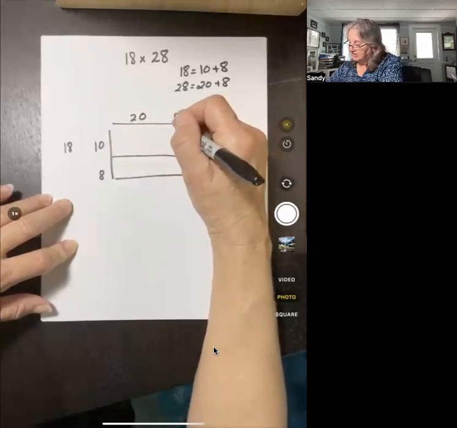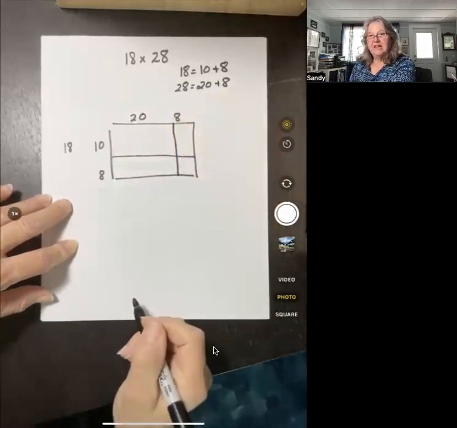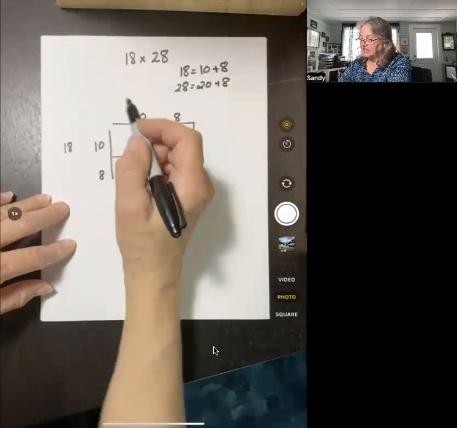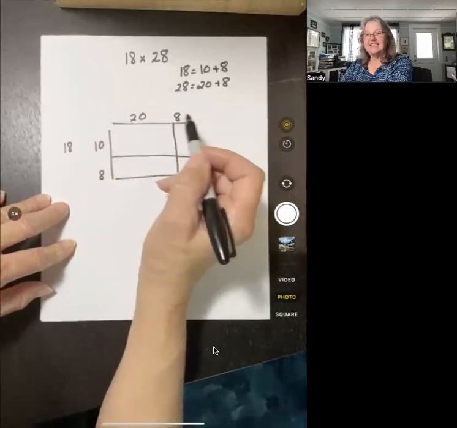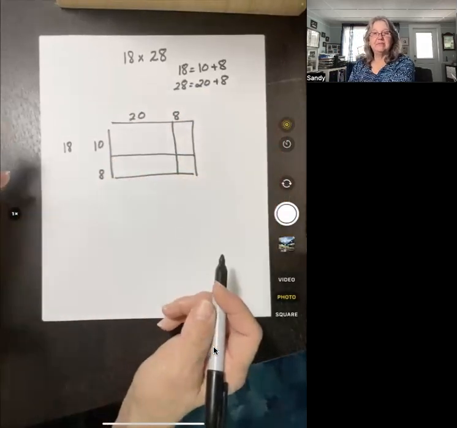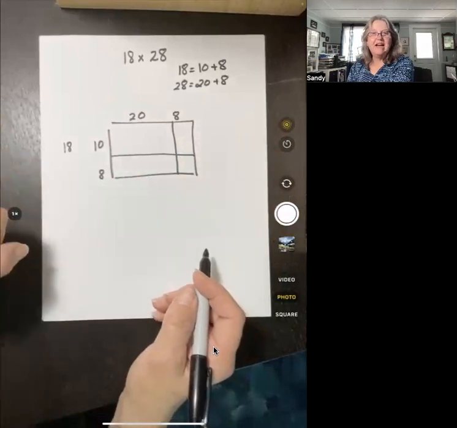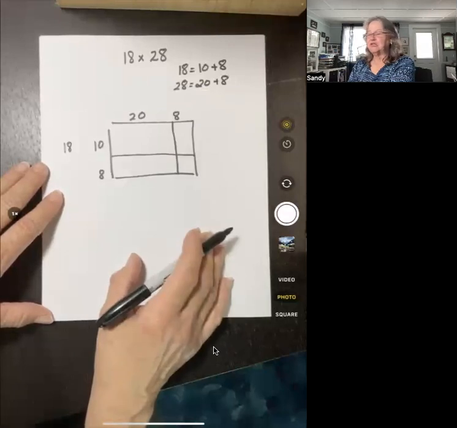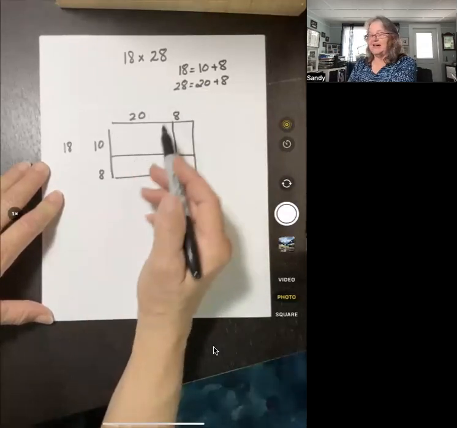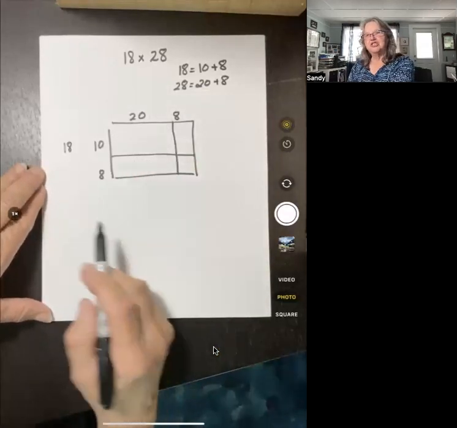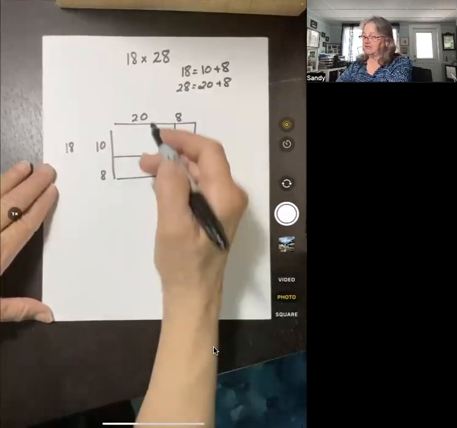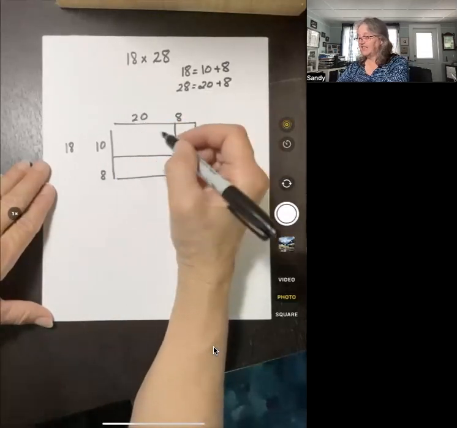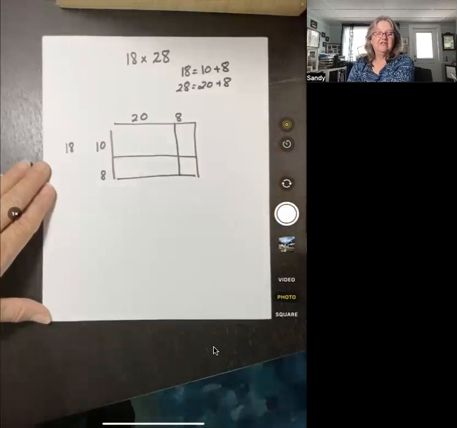And then I'm just going to cut it down. Now, some of your children may want to think of 28 as 10, 10, and 8. And that's a great intermediate step. That's fine. Mathematically, it's correct. It's just not going to be the most efficient. Most efficient will be this expanded form. So we just move them towards that. But if they start out thinking of 10, 10, and 8 because of the base 10 materials, fantastic.